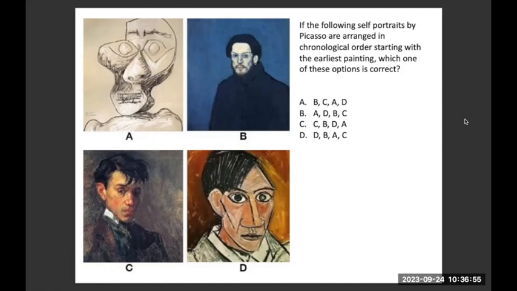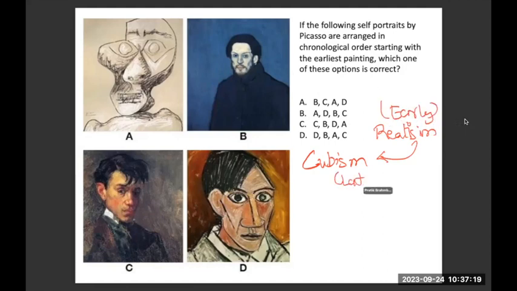Please look at cubism as an art form also along with this. So he shifted his style from very much realism to cubism. This was early and this was very much late.